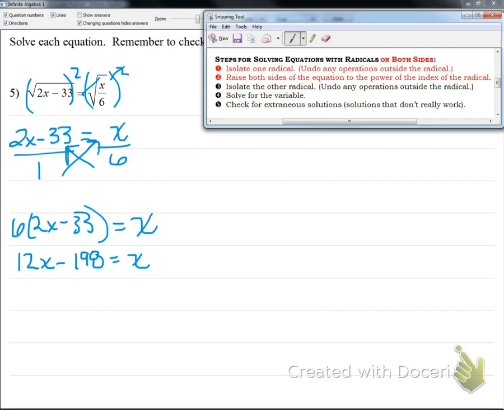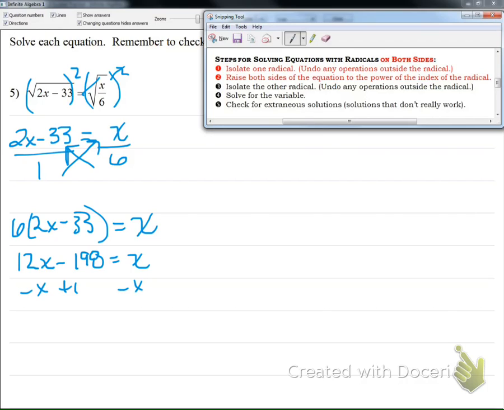So when you're trying to solve an equation, remember that you're trying to get your variable term on one side and your constants on the other. So I need to move that x that's over on this side to the other side with the 12x that's already there. So I'm going to subtract x from both sides. And I also need to move that constant of negative 198 to the other side of the equation.